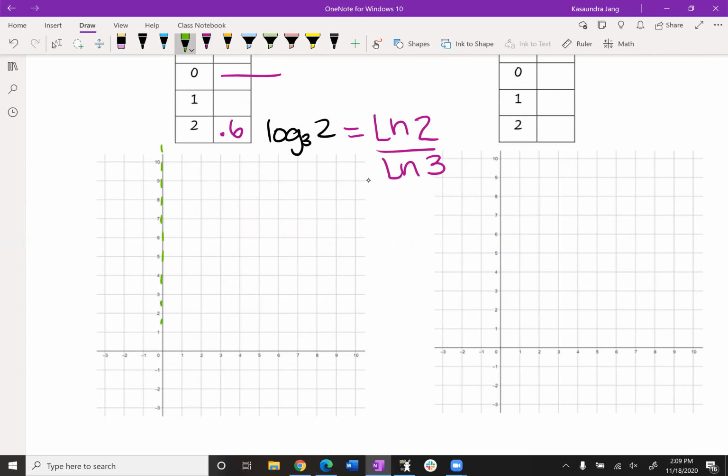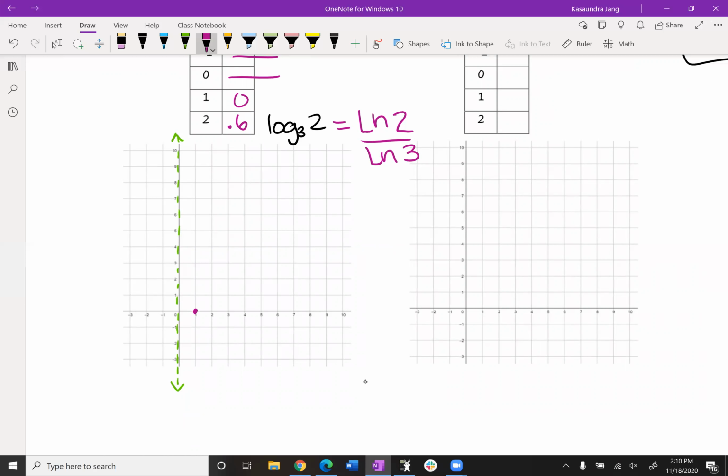So far, I only have a single point that I can put on there. Let's try the positive 1 here. That gives you straight up 0, a nice whole number. All right, let's plot these points. I've got the point (1, 0) and the point (2, 0.6), a little over a half. I only have a couple of points. It's definitely not a straight line because I can't go through that asymptote.